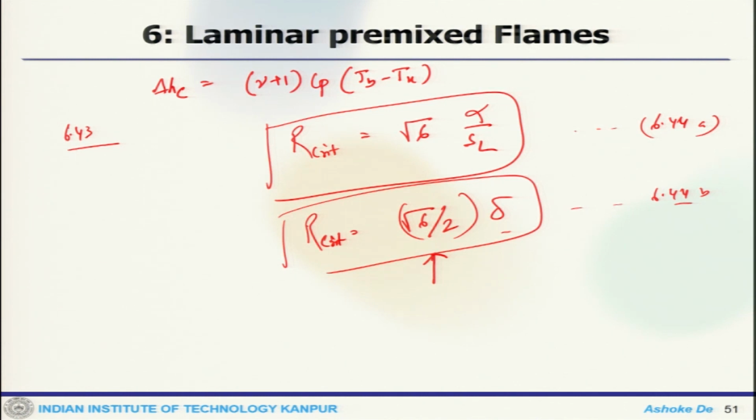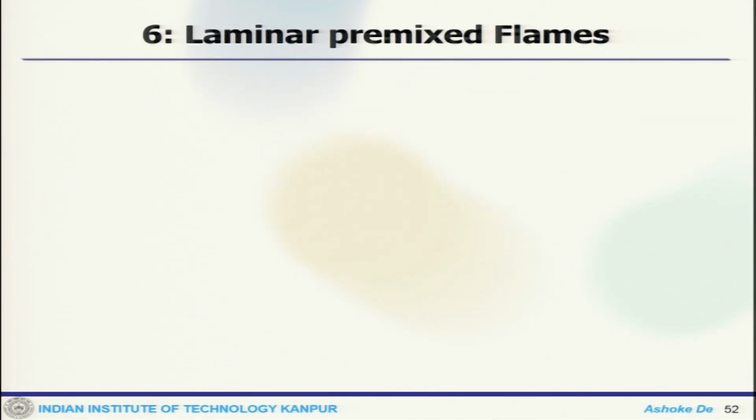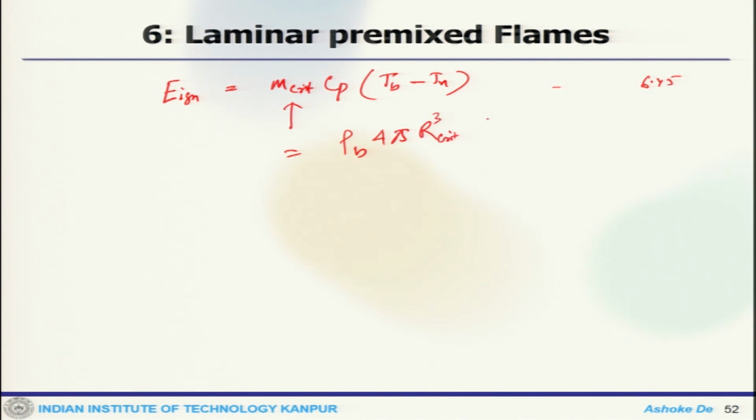Now, we assume the energy added by the spark heats the critical volume to the burn gas temperature. So, we can estimate that the ignition energy is M critical Cp (Tb minus Tu), that is the ignition energy. And what about M critical? That is nothing but rho b 4 pi R critical cubed by 3.